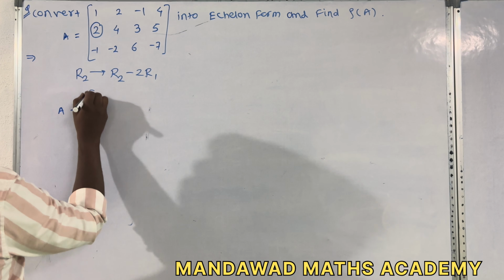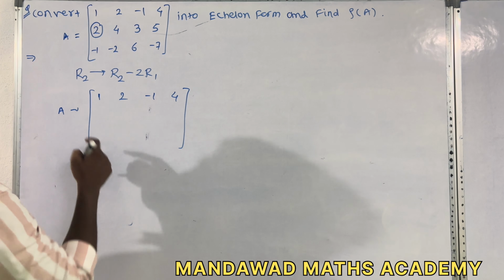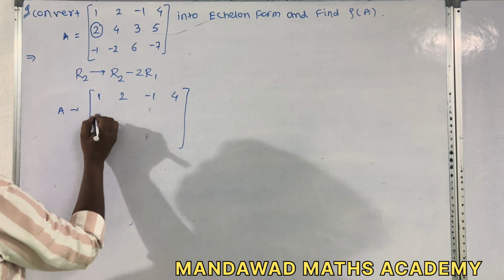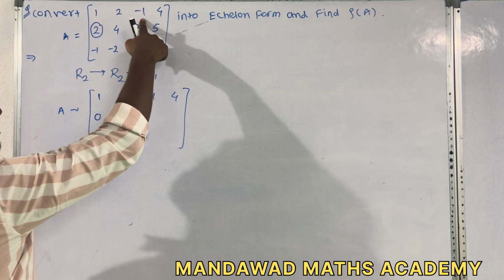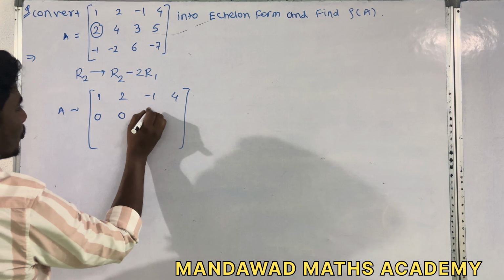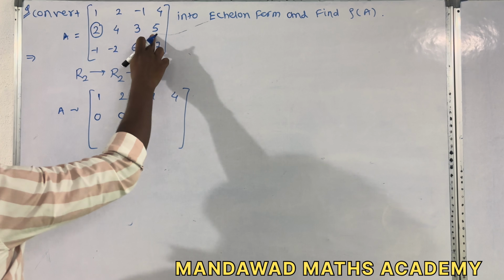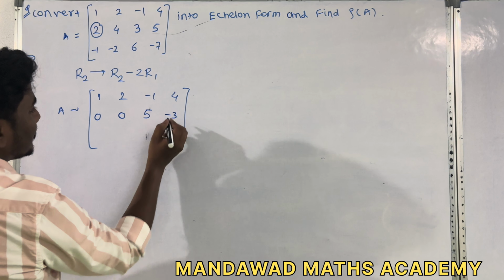So what do we get? 1, 2, minus 1, 4. Here 2 ones are 2, 0. 2 twos are 4, 4 minus 4 is 0. Here 2 times minus 1 is minus 2, so minus, minus, plus 3 plus 2 is 5. Here 5, 2 fours are 8, 5 minus 8 is minus 3.